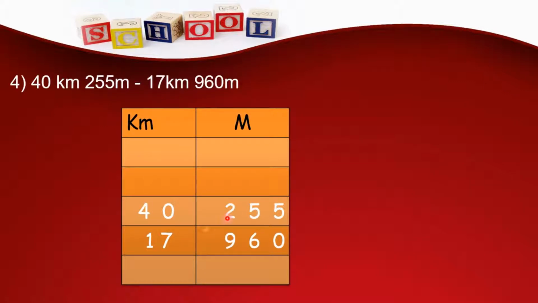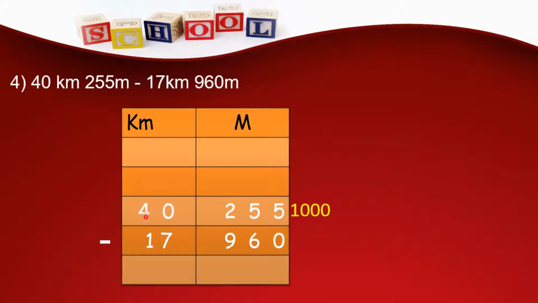As you can see here in the meters column, we have to subtract 960 meters from 255 meters. As 960 is bigger than 255, we cannot subtract. So we borrow 1 kilometer from this 40 kilometers.